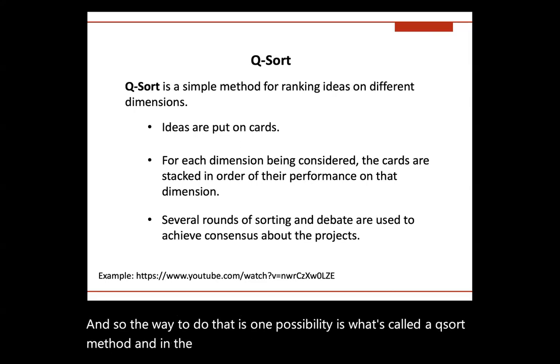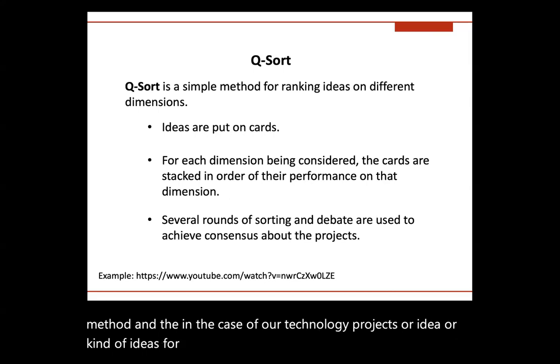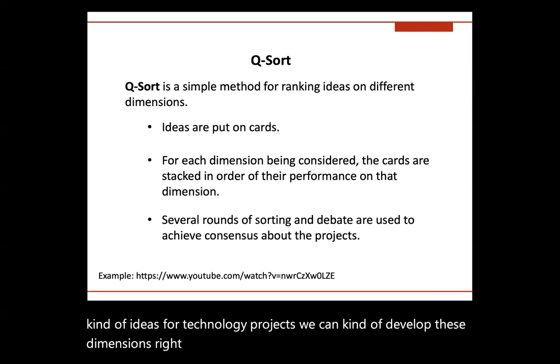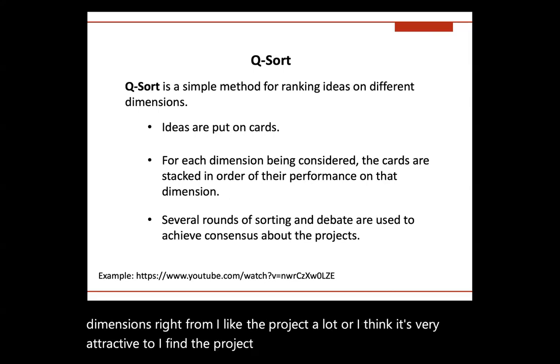In the case of our ideas for technology projects, we can develop these dimensions, from "I like the project a lot, I think it's very attractive" to "I find the project very unattractive."